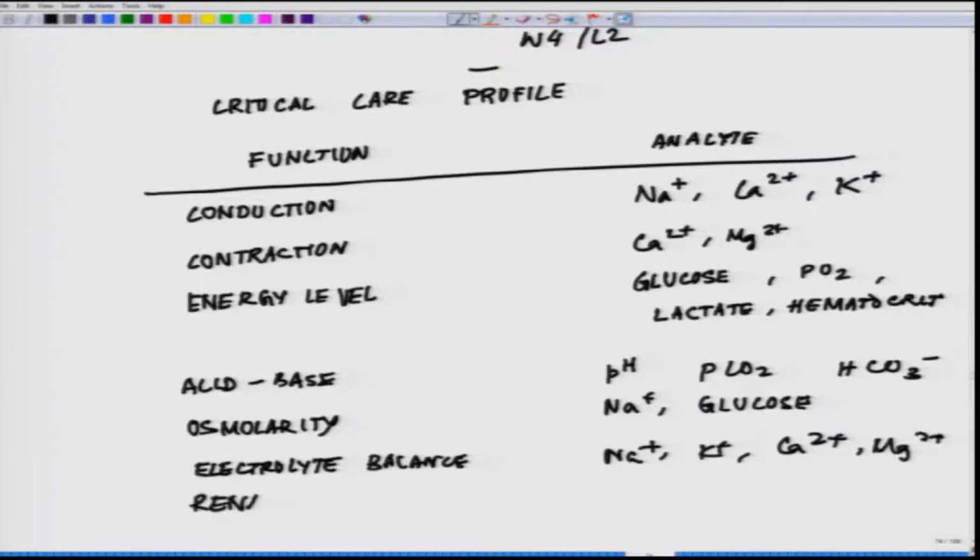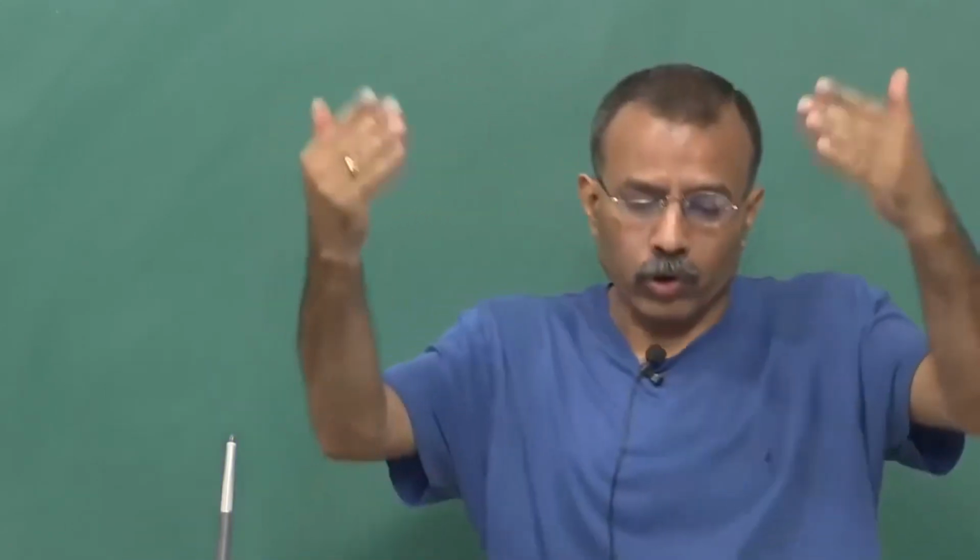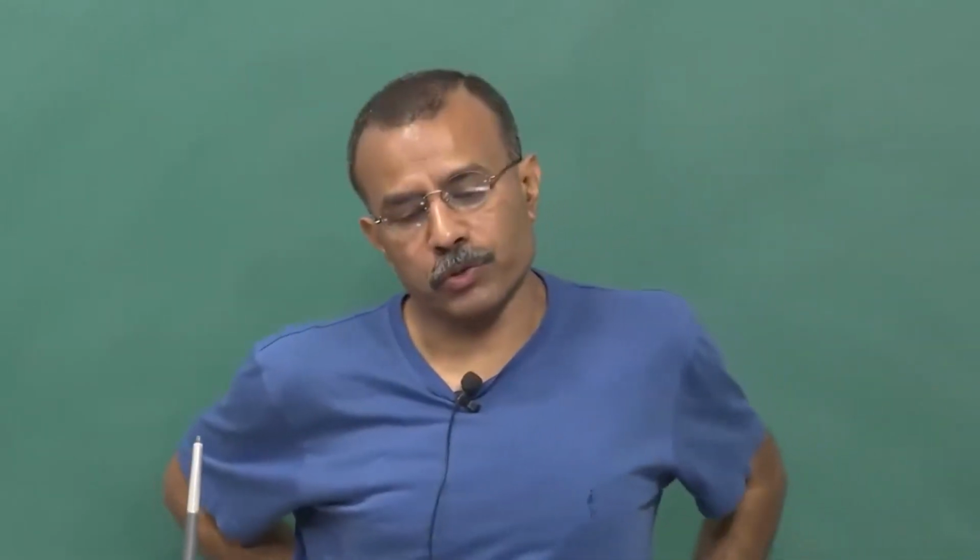Then when we talk about renal failure, we look for blood urea nitrogen, creatinine. A doctor needs to look at all these parameters as soon as a person comes into the critical care unit, or even on a day to day basis, like a whole body checkup. These are the things they look for.